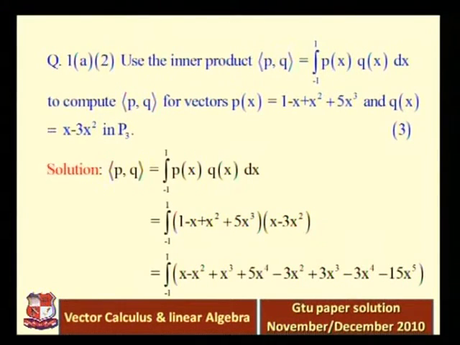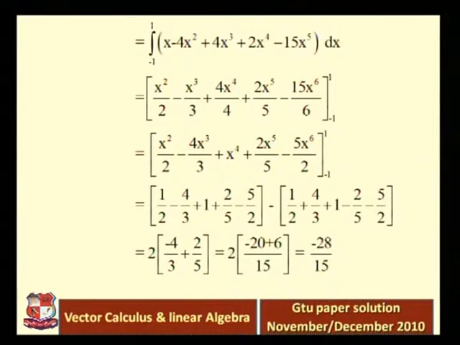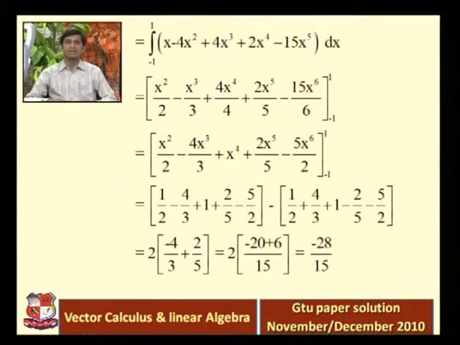Okay, and minus x square minus 3x square, that is minus 4x square. So that is equal to integration of x square by 2 minus x cube by 3 plus 4x raised to 4 by 4 plus 2x raised to 5 by 5 minus 15x raised to 6 by 6, from minus 1 to 1.